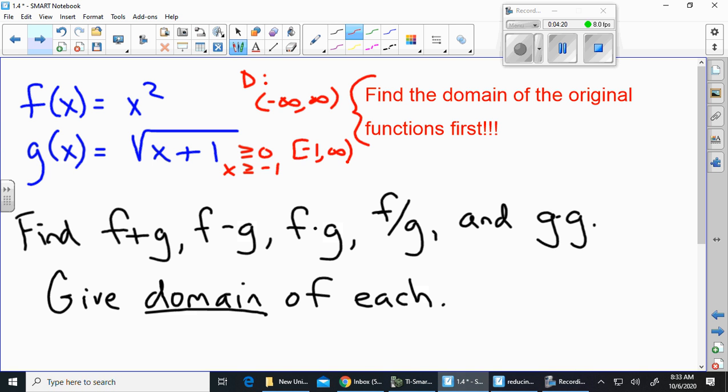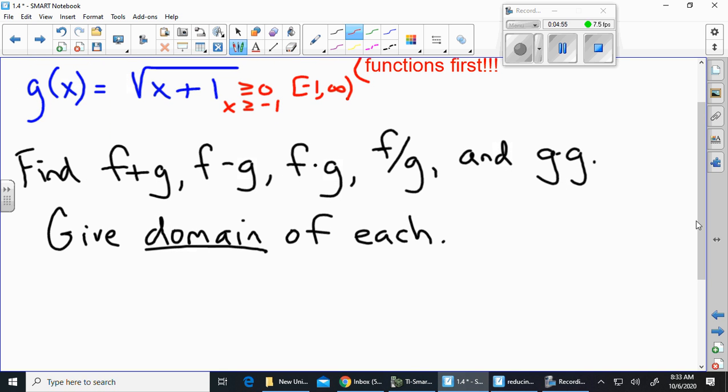So if you really think about putting these things together, the domain of the new function had to be the domain of both of those combined. The g of x domain is the one that really matters, because everything works in f, but everything does not work in g. So the most that the new domain can be is negative 1 to infinity.